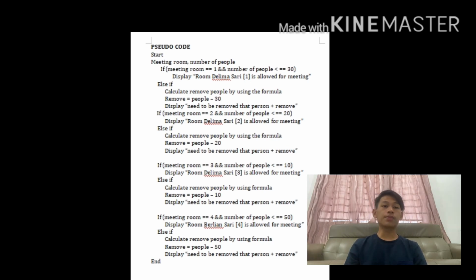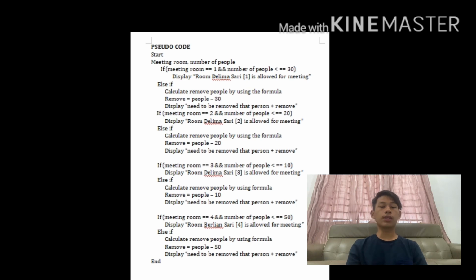If meeting room equals 2 and number of people is 20, display room Delima Sari 2 is allowed for meeting. Else, calculate remove people by using the formula: remove equals people minus 20. Display need to be removed that person plus remove.